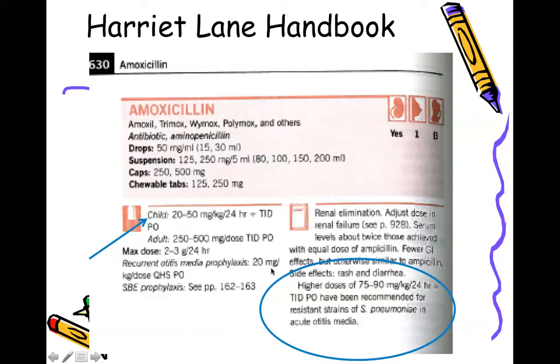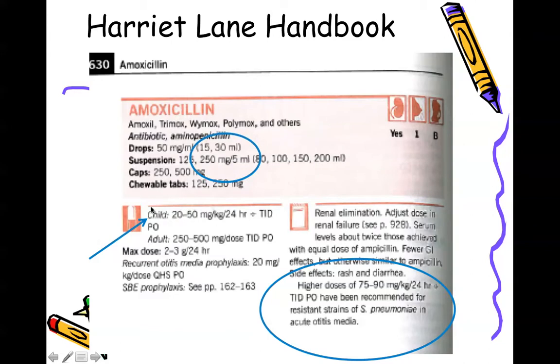So it's important to really understand the medication and read about your patient and where the dosage range should be for the thing that you are treating. And this is called high dose amox, and we do this all the time. The standard range would be considered an underdose for this acute otitis media.